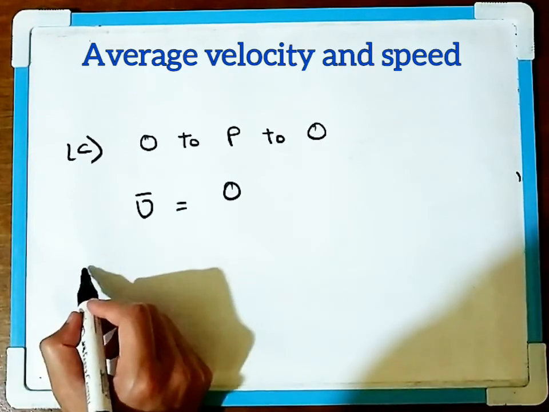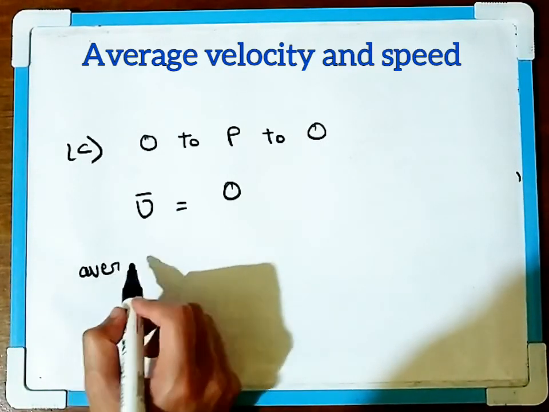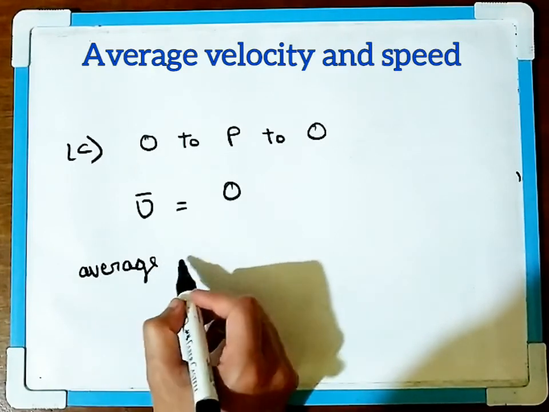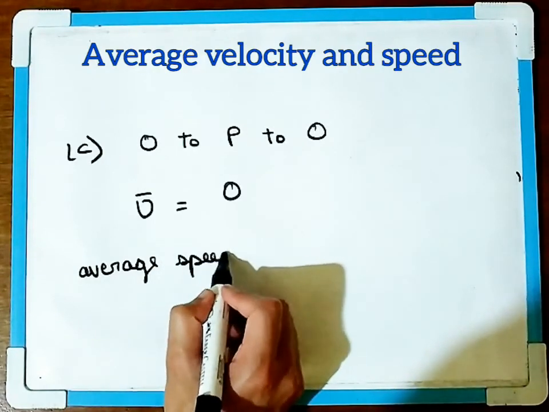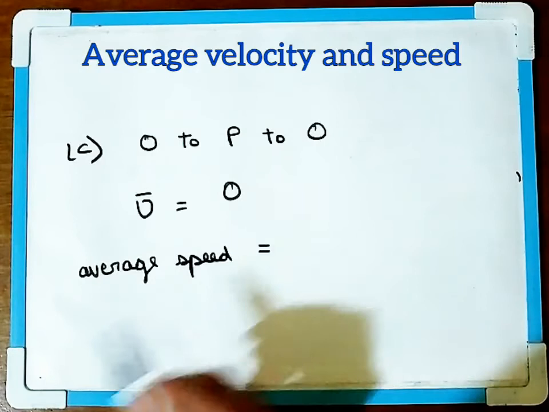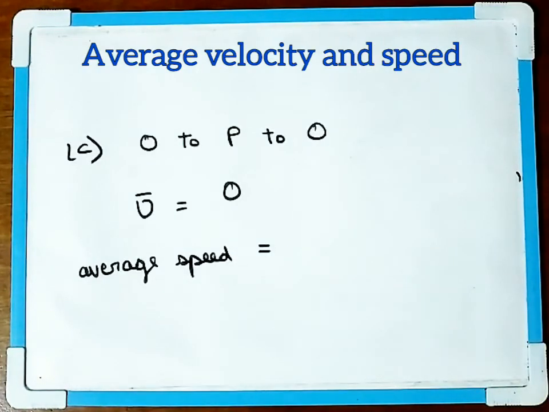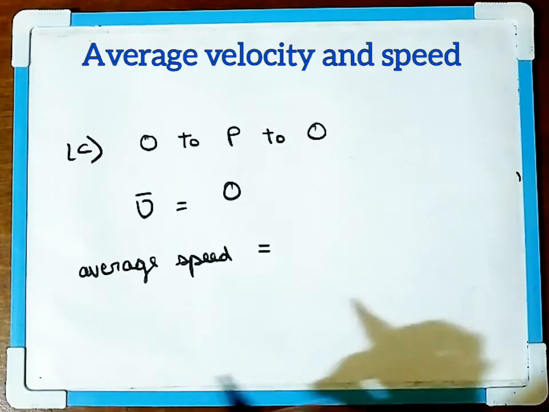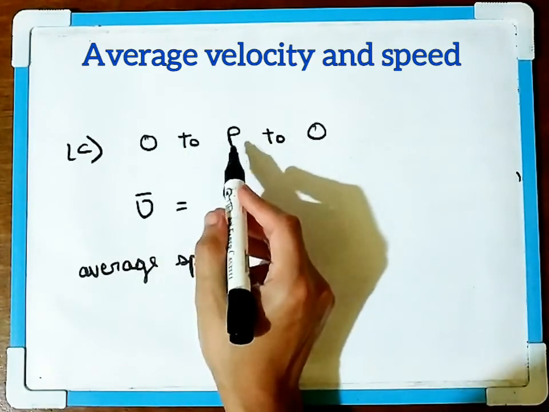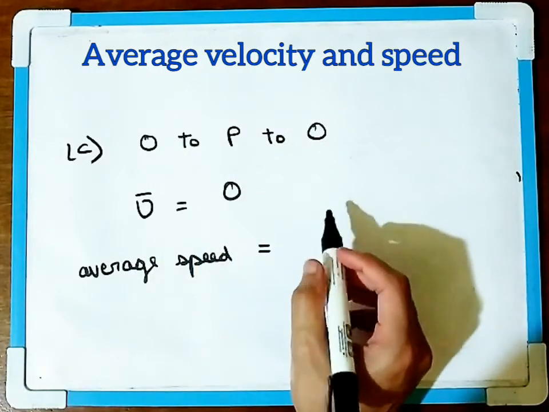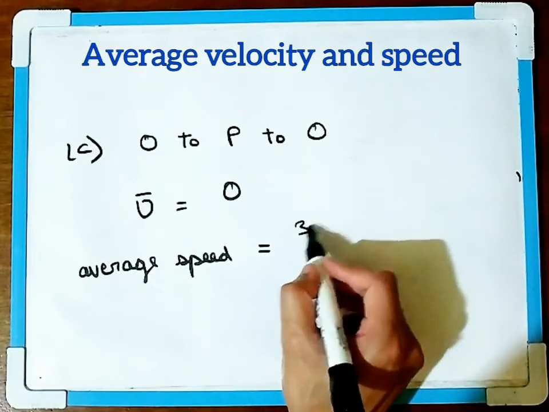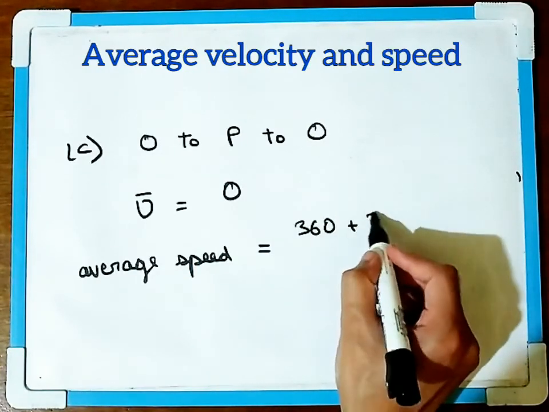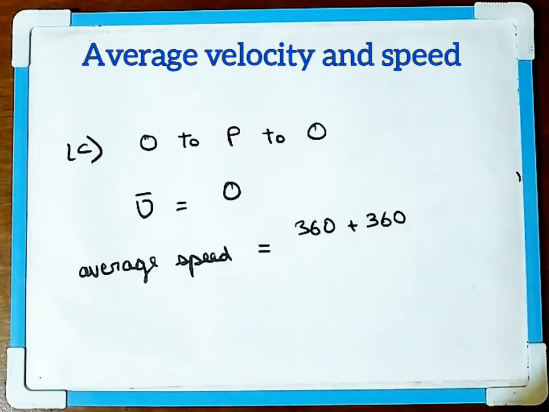But the average speed will be equal to the total path length, which in this case is 360 from O to P, and 360 from P to O. So if we add 360 and 360, you'll get the total path length.